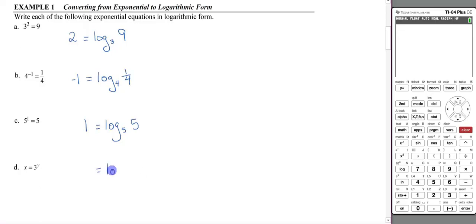Here, the log base is 3. Remember that a log is an exponent. Your exponent then is y. The exponent we put on 3 to get x is y.